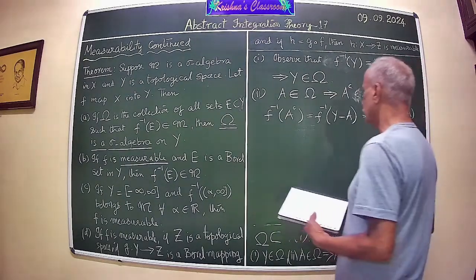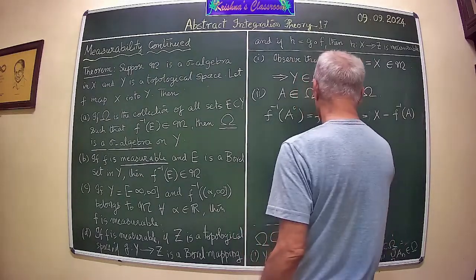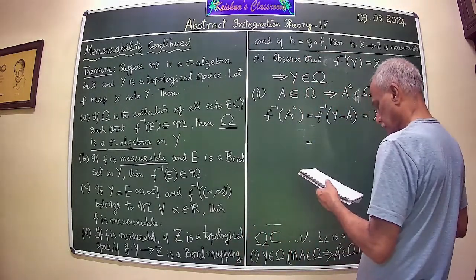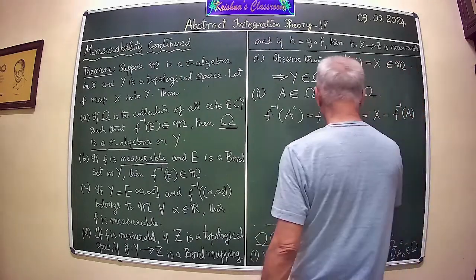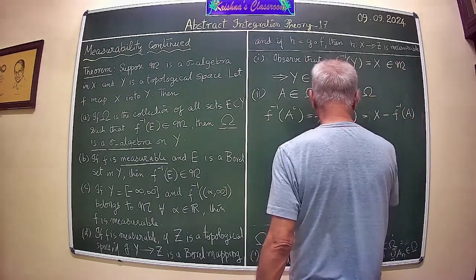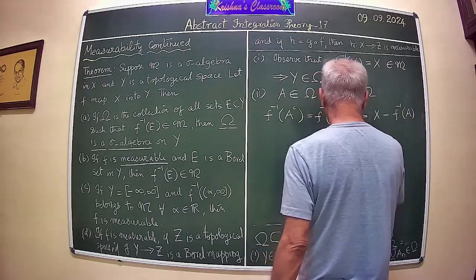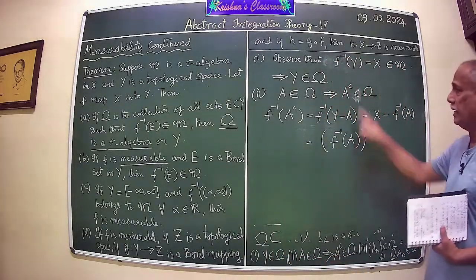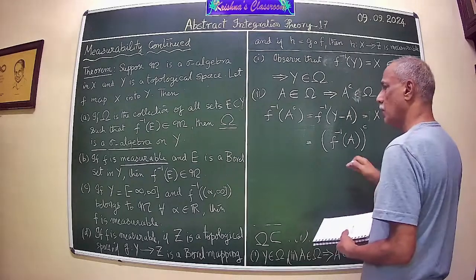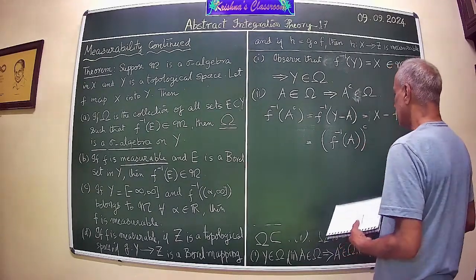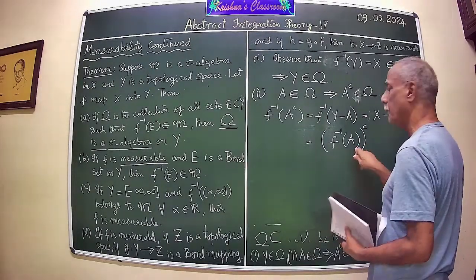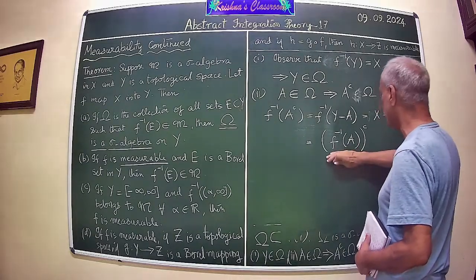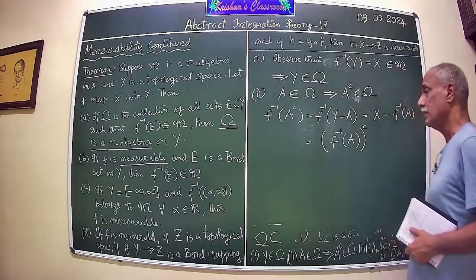Now that's equal to F inverse of A complement. And F inverse of A is in omega, therefore it's in M, then its complement is also in M, implies F inverse of A complement is also in M.